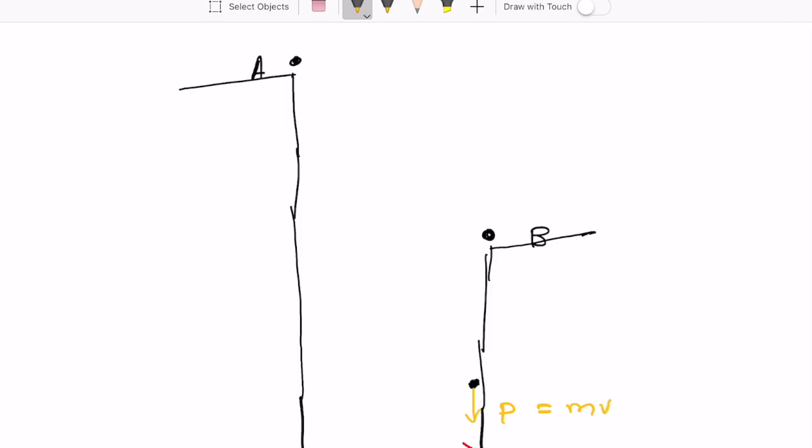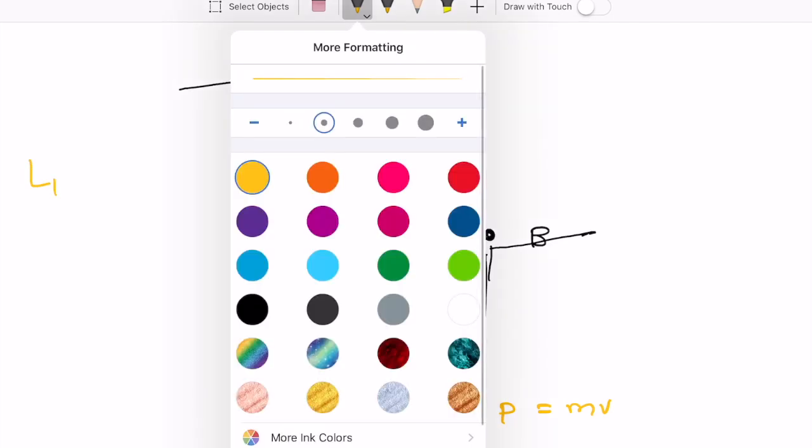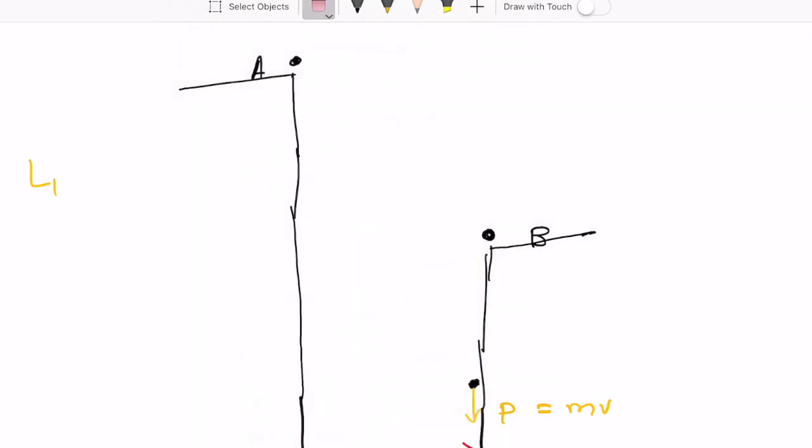Okay, so let's calculate its angular momentum relative to B. So obviously its angular momentum relative to B is going to be 0, as we saw when we were discussing angular momentum, r cross p. So angular momentum relative to B is going to be r cross p.